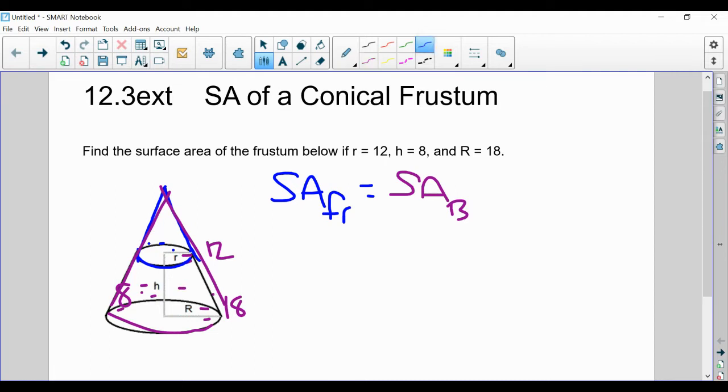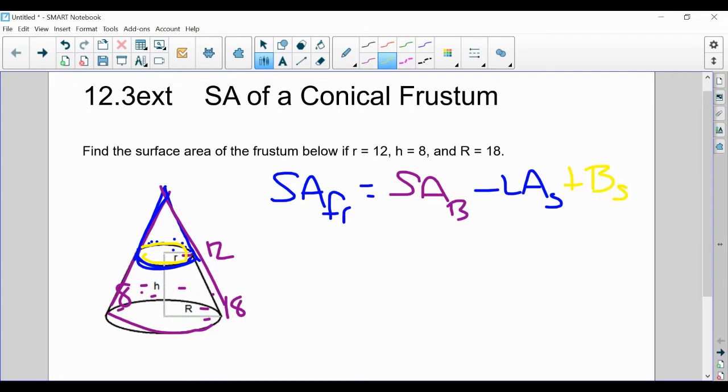So what are we going to subtract away? We're going to subtract away the part of the decapitated cone, but not the surface area of that cone, just the lateral area of the smaller one. And then we have to add back this smaller base up top. So we're going to say plus the base of the smaller cone.